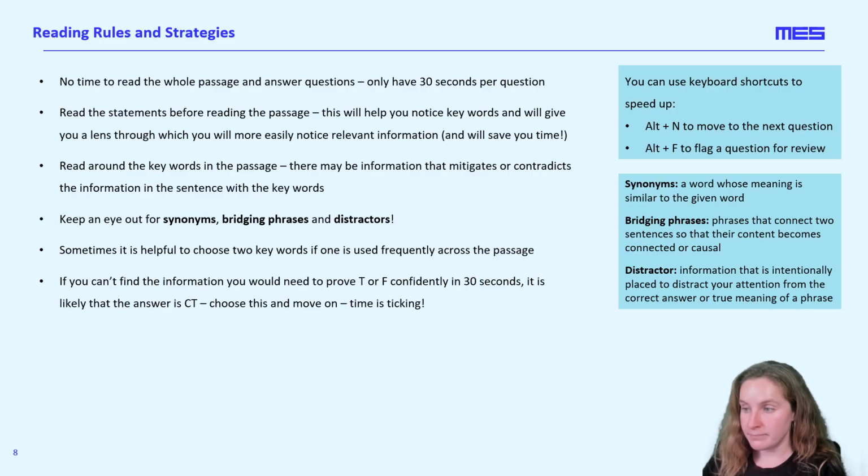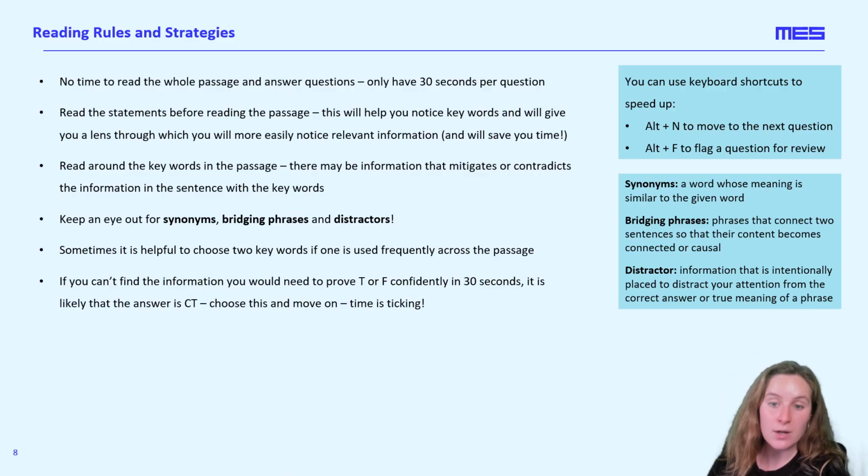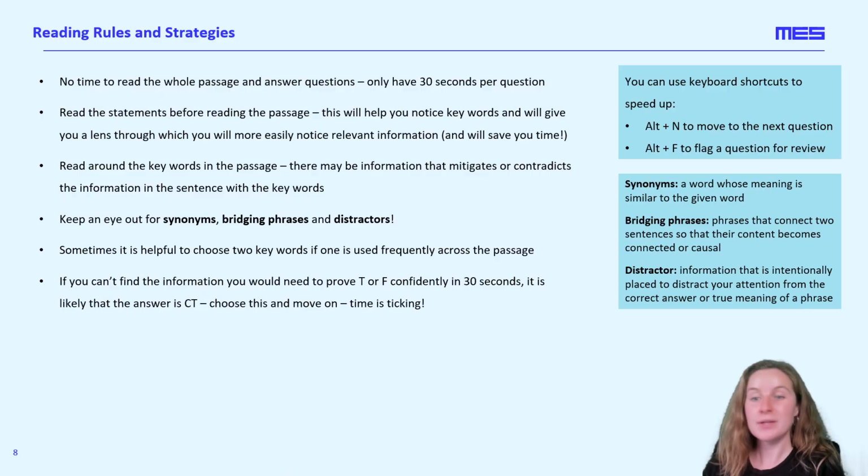So, myself as a professional English teacher, I'm a quick reader, and I have timed myself reading some of these passages, up to 400 word passages, and it will take me about a minute per passage to just read it for the first time. Never mind looking at the questions or working out any of the answers. If you do the maths on that, you will have spent half of your time allotted in this section just reading, and you will have very much less time to answer the questions.